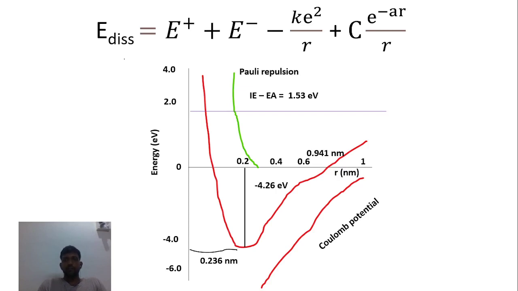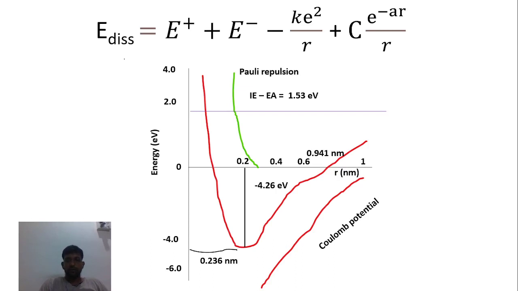But this Pauli repulsion adds one more repulsion, also called the exclusion principle. It means that when two ions come close, their electron clouds overlap, and there is an extra repulsion, because two electrons cannot occupy the same quantum state. That repulsion is the Pauli repulsion term.